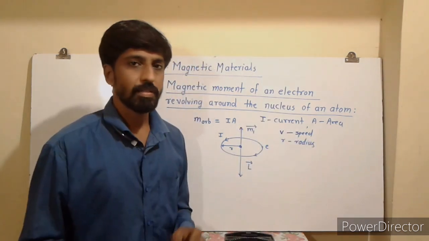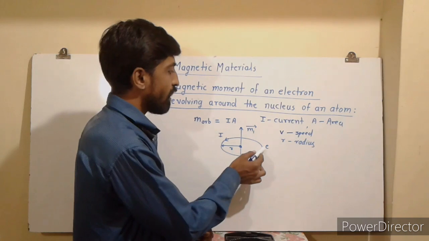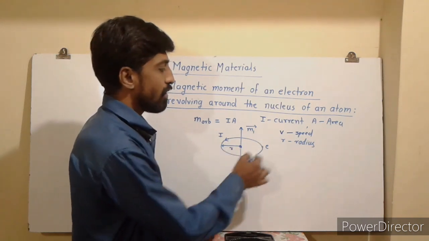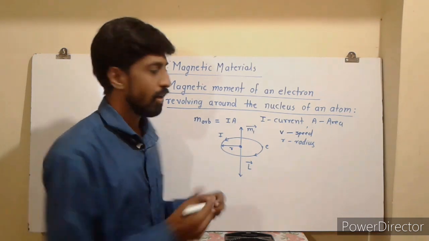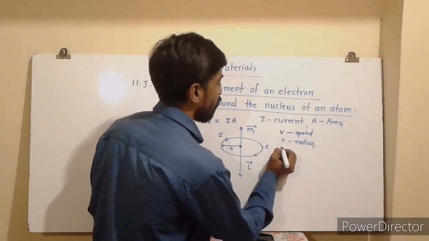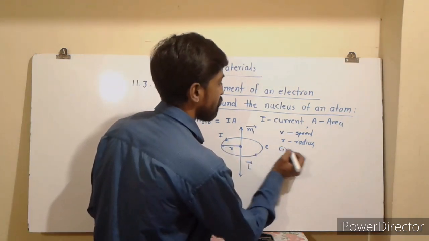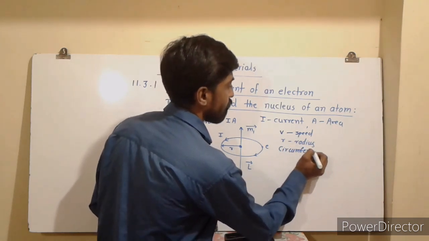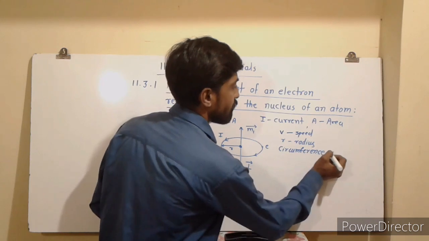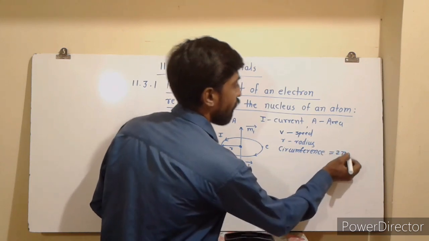Suppose the electron travels a distance equal to the circumference of the circle, then the formula for the circumference of a circle is 2 pi r.